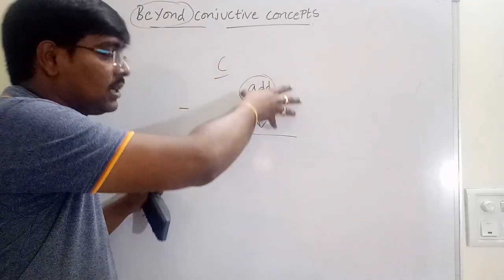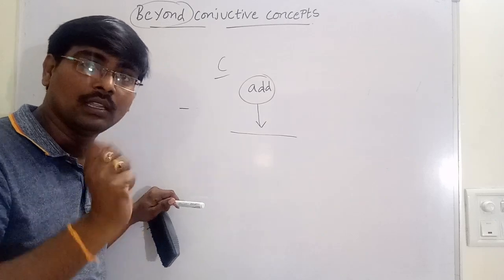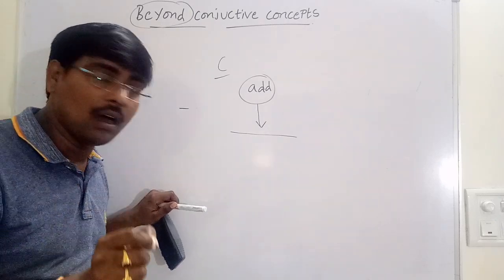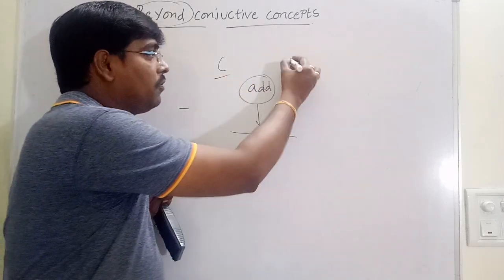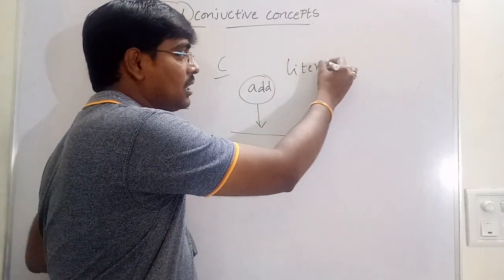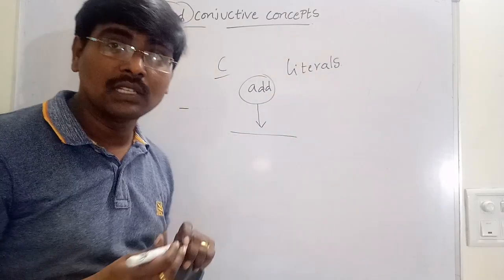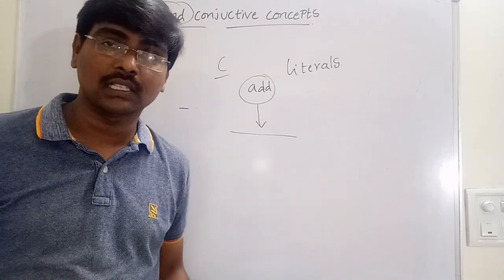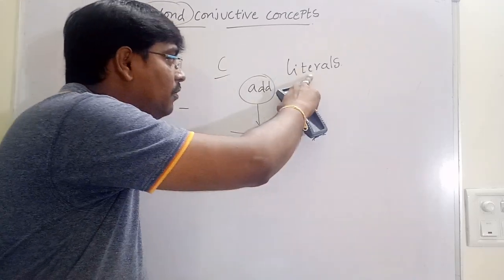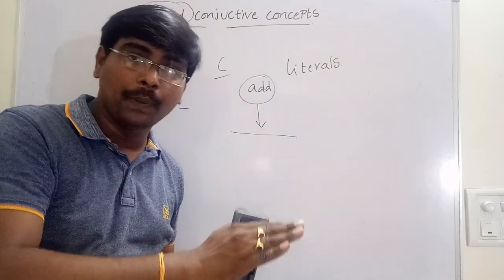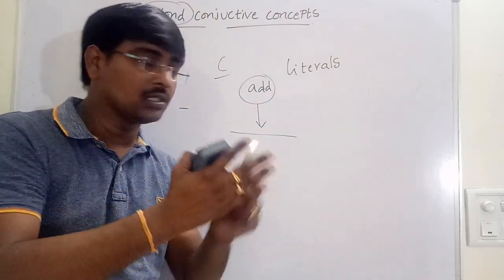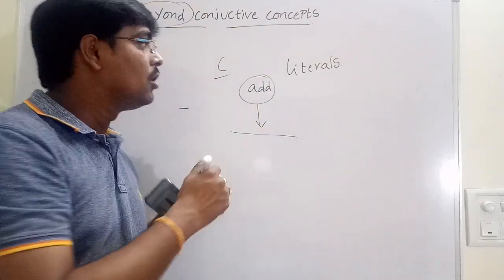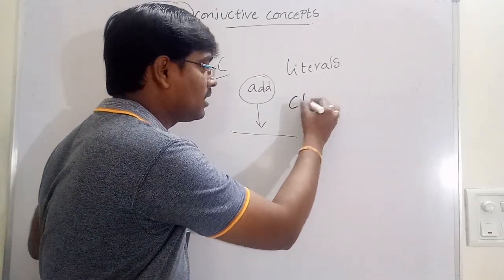Now the same concept is applied in Horn theory also. But in Horn theory, instead of literals, I am saying the word clauses. Suppose length is equal to 3, it is a literal. Gills is equal to 4, yes, it is a literal. Instead of literals, dropping for positives and adding for negatives, we move to clauses.